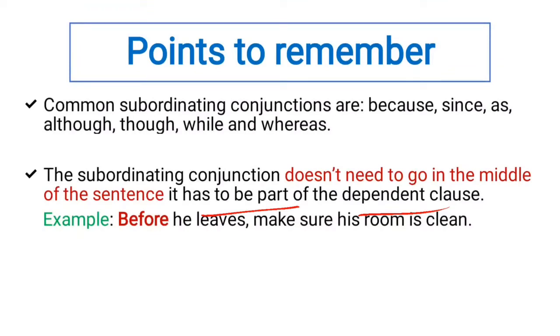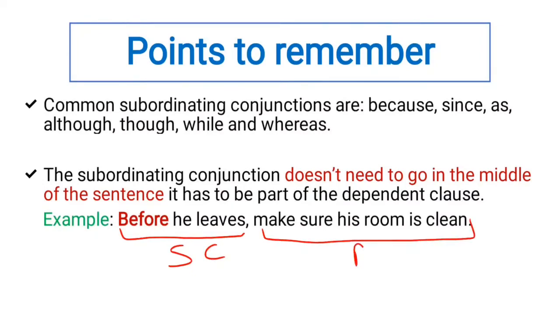Here we have one more example. Before he leaves, make sure his room is clean. Here, before he leaves is a subordinate clause and make sure his room is clean is a main clause. And as this subordinate clause is beginning with this word, it is called subordinating conjunction.